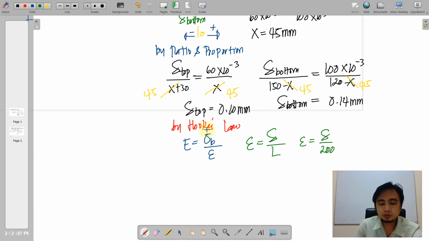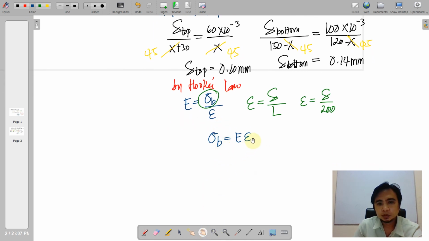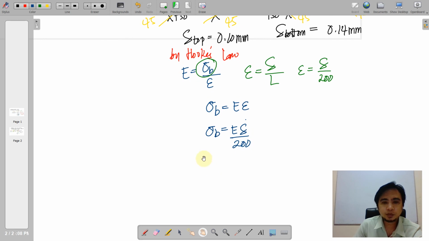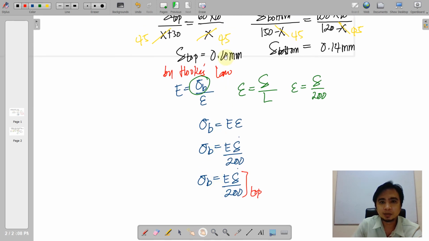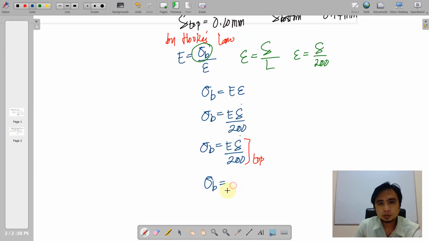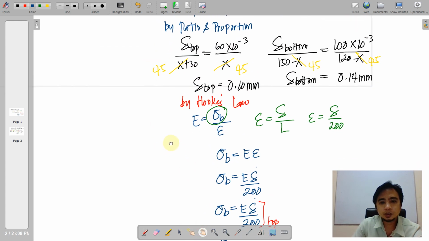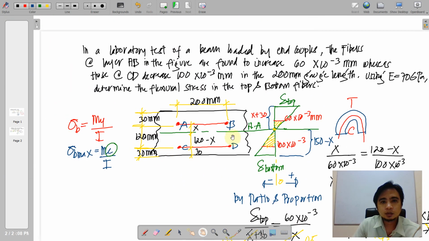So finally, if we are concerned with this value, we'll just cross multiply that one and then replace your strain by this. We have this equation. Okay, so if we are concerned with the top, then we can just denote this expression in terms of delta at top, and delta at top is 0.1, wherein we're going to use E. What is our E here?